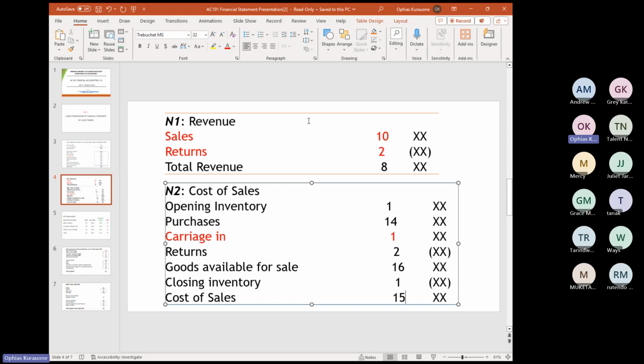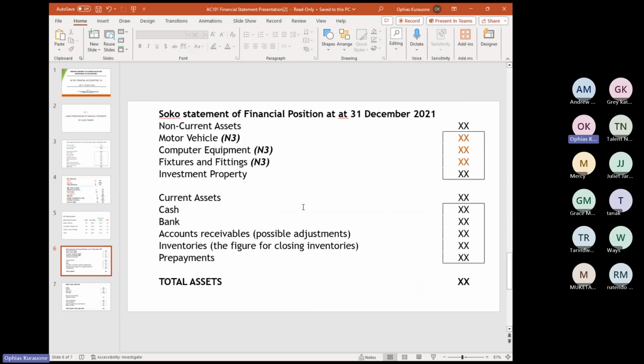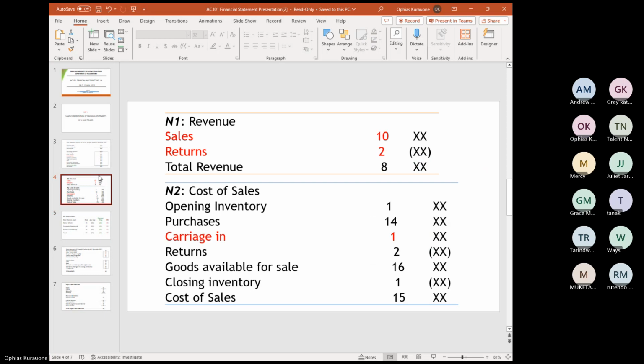If you know these revenues and the cost of sales, they are very key elements for an organization to maximize profit or make profit when necessary.